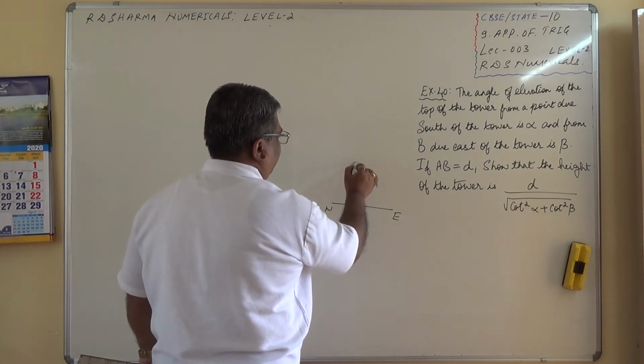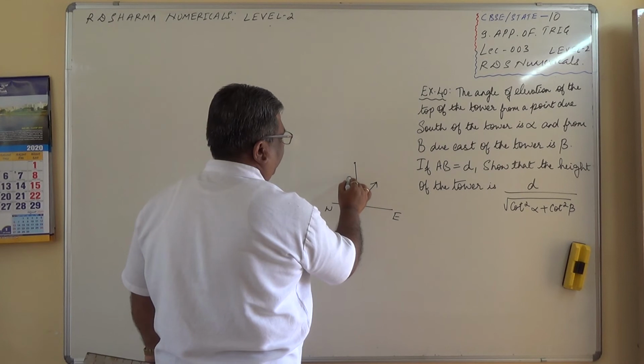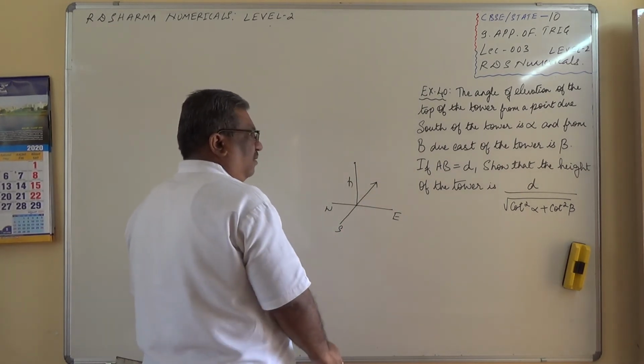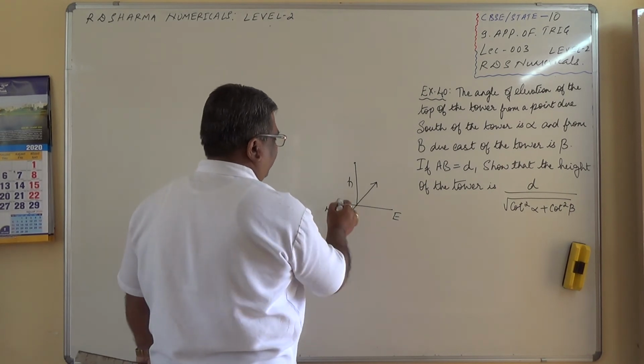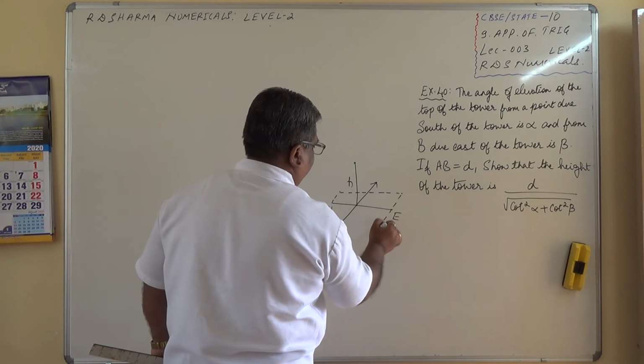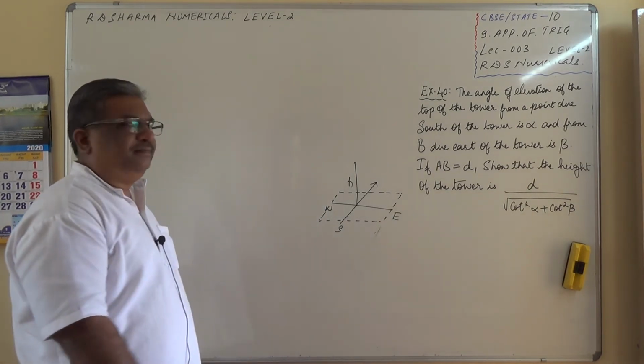There is a tower here of height h, and this is how the diagram looks. That means this tower is situated on the ground, something like this. Did you understand now?